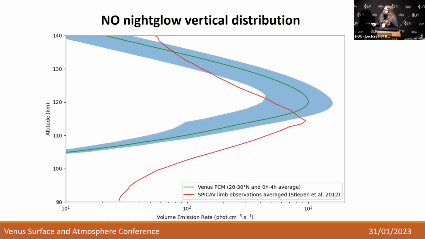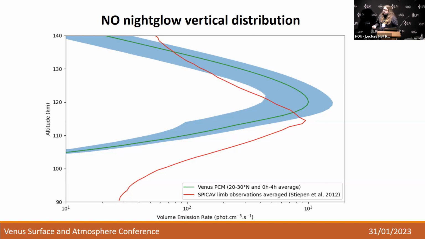In green is the mean result from the model, averaged between 20 and 30 degrees north and between midnight and 4 a.m. And in blue is the 1 sigma distribution. What you can see there is that we succeed in producing the same peak emission in the model. You can also see the strong variability in the intensity, and we have a shift of about 5 kilometers in the altitude of the emission.